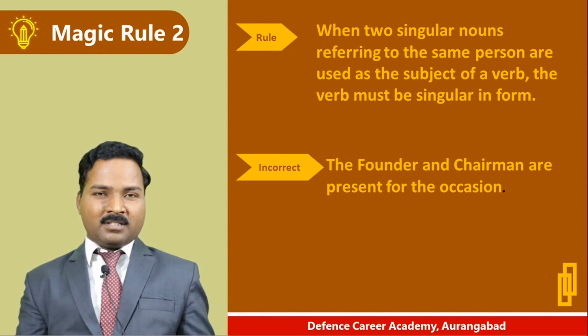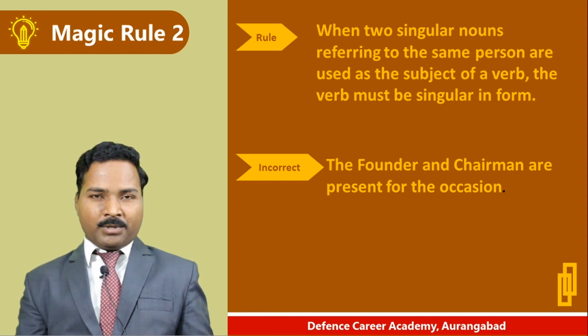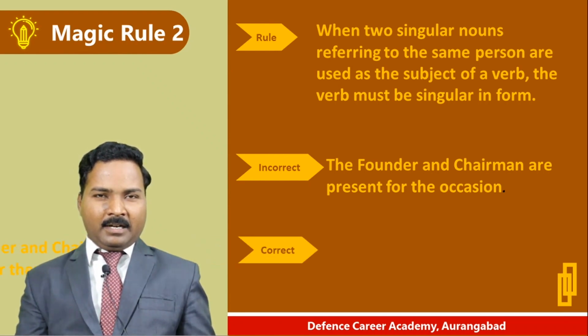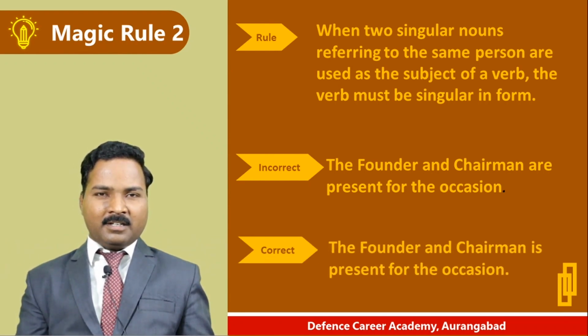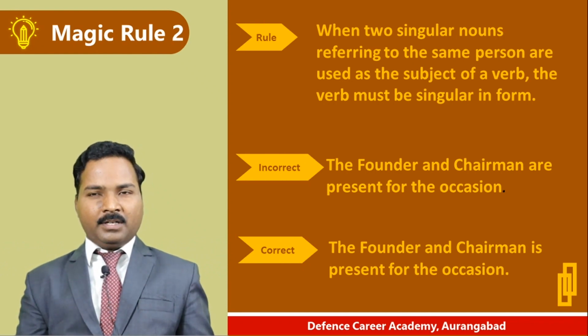That's why it means that both of the nouns refer to the same person. This is why the subject should be singular in form, because we are not talking about more than one person. We are talking about only one person. That's why the verb should always be singular in this case. And you can see that the sentence is corrected in this example with the correct form of the verb: the founder and president is present for the occasion.